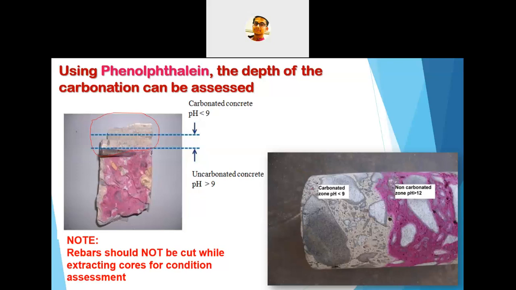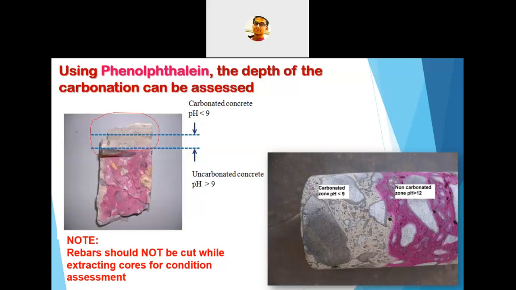When you are going to take some sample from the field to test in your laboratory, make sure you don't cut the rebars, because once you cut the rebars, you are destroying the structure. So the whole load bearing path will be changed. So you have to replace the whole system. So it is a very hectic process at the end. And if you do like this, the thing is not good. So don't cut rebars at the time of extracting samples for condition assessment.